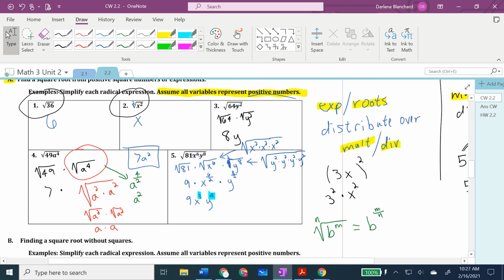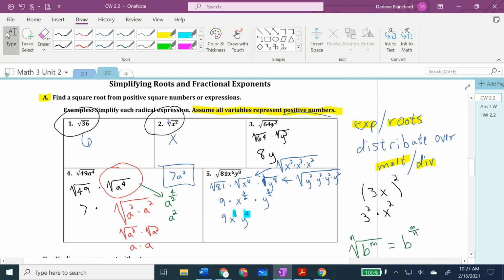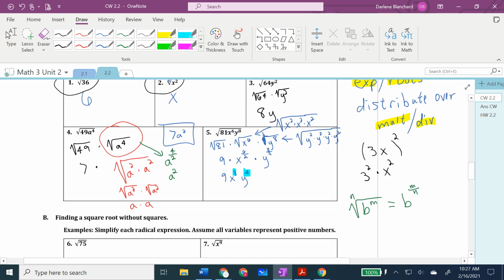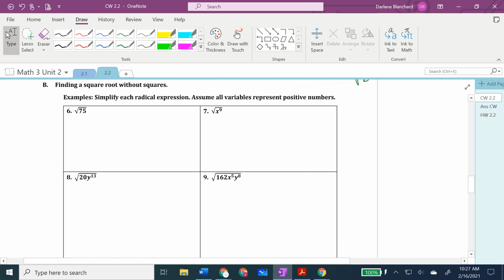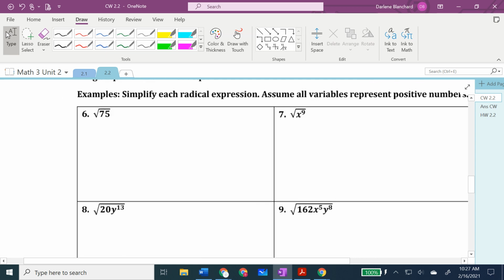Now, with this first type, this was dealing with expressions that are perfect squares that come out super nice. We, however, need to deal with when it is not a perfect square. So, just the number alone, that's where we're starting.